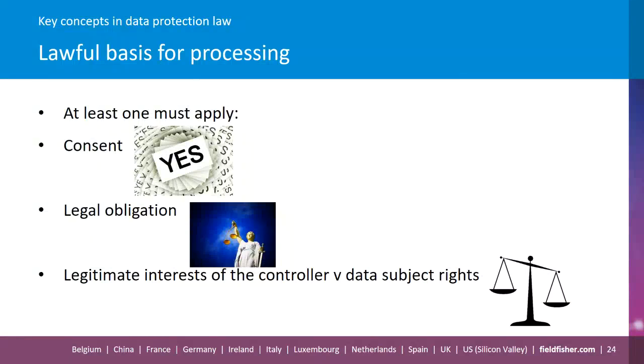And the third example I've set out here is legitimate interests of the controller. And as you see, I've got the scales again here. And this is such a key concept, as it were, in data protection law, but also in relation to the lawful basis for processing.